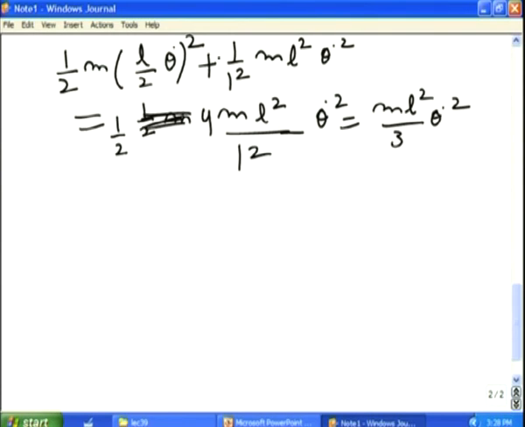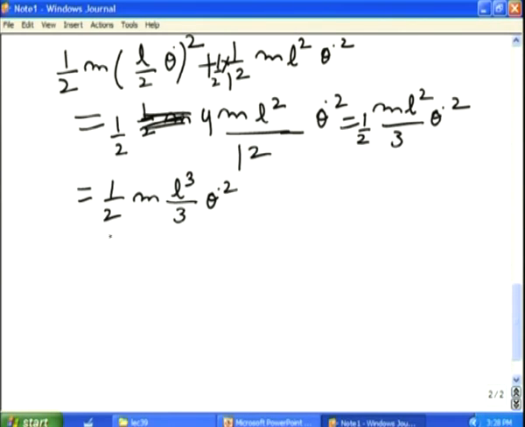So this is equal to half m L square by 3 theta dot square.